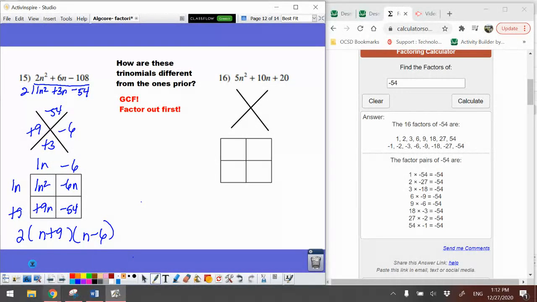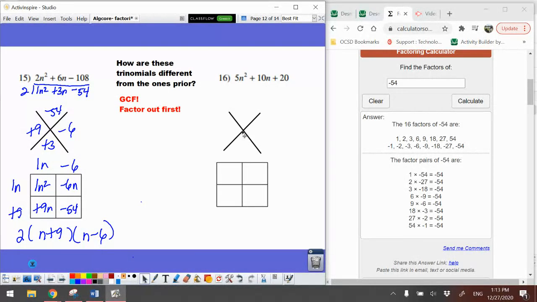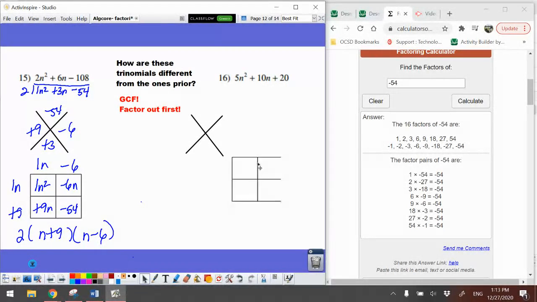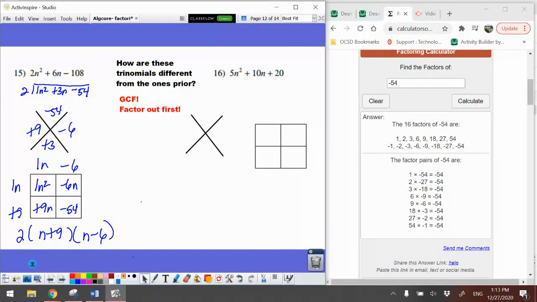All right, so let's take a look at this next one and see if we can figure it out. So I see 5, 10, and 20. Well, that's good because I know that I can take a 5 out. So if I divide this by 5, that's going to make my problem easier. So 5 is out. I have a 1n squared, a 2n, and a 4.